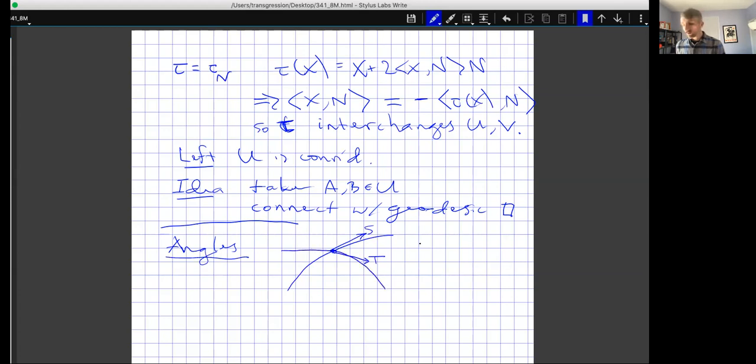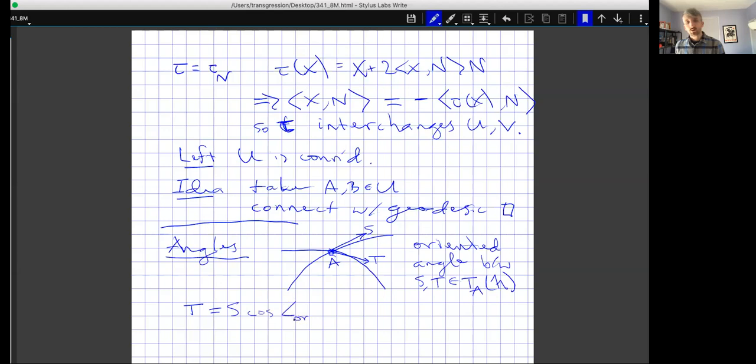Okay, and what we're going to define here is that the oriented angle between S and T living in the tangent space to some A, so the idea here is that this point of intersection is our A, is given by the following formula, namely that T can be expressed in terms of S and the cosine of this angle.